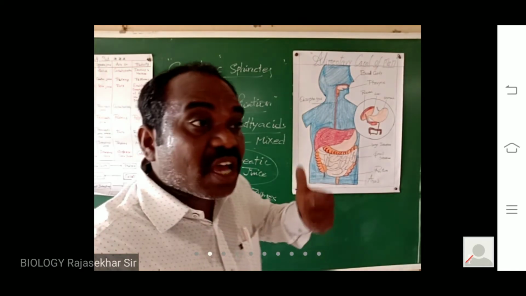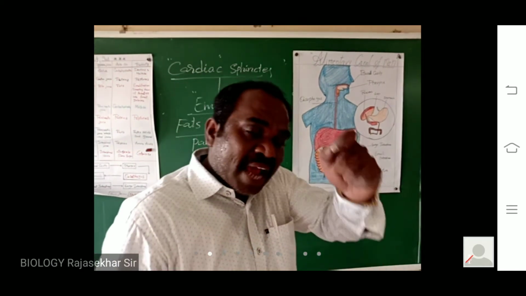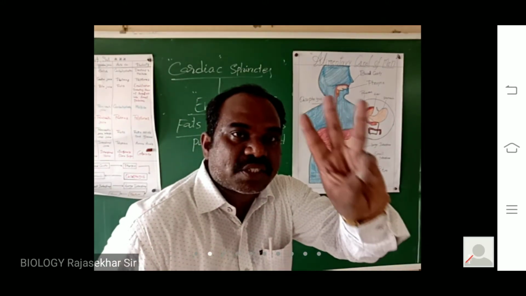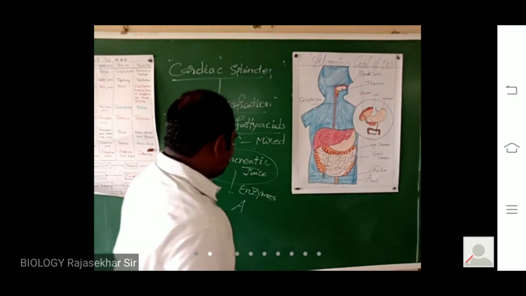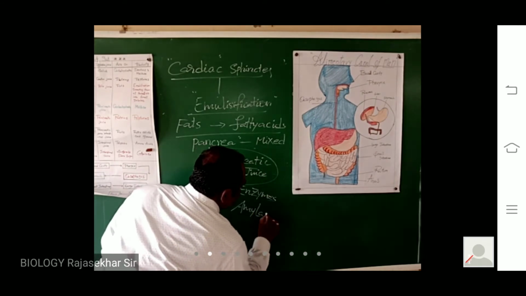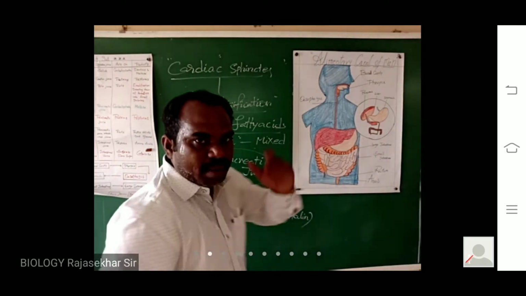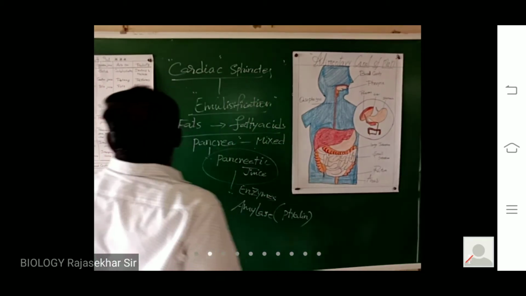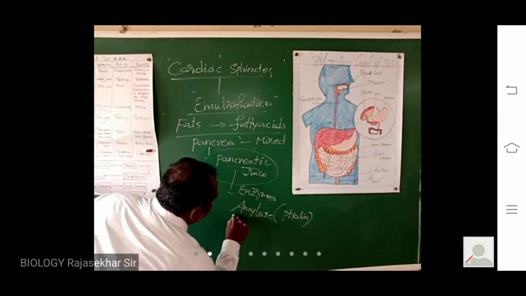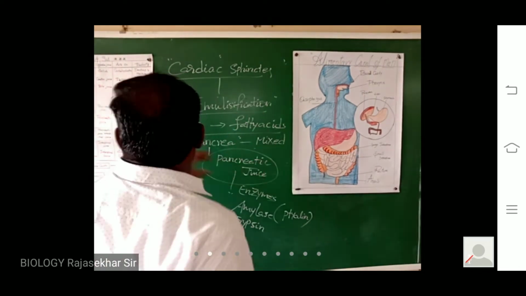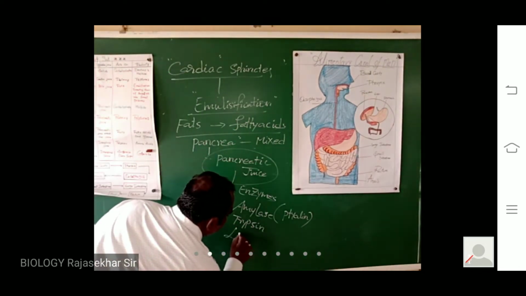What types of enzymes are present in pancreatic juice? Three types of enzymes are present in pancreatic juice. One is amylase or amylopsin. Another one is trypsin. And the third one is lipase.